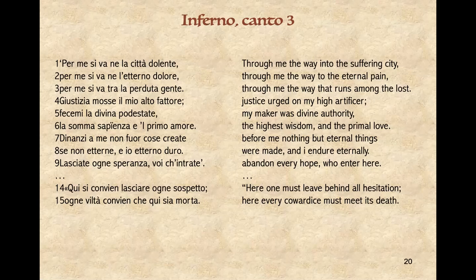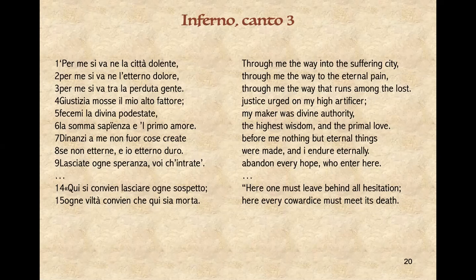Dante, of course, is once again terrified when he sees this. Lasciate ogni speranza voi che entrate. But Virgil tells him, well, here is actually where one must leave behind all hesitation. Here, every cowardice must meet its death.